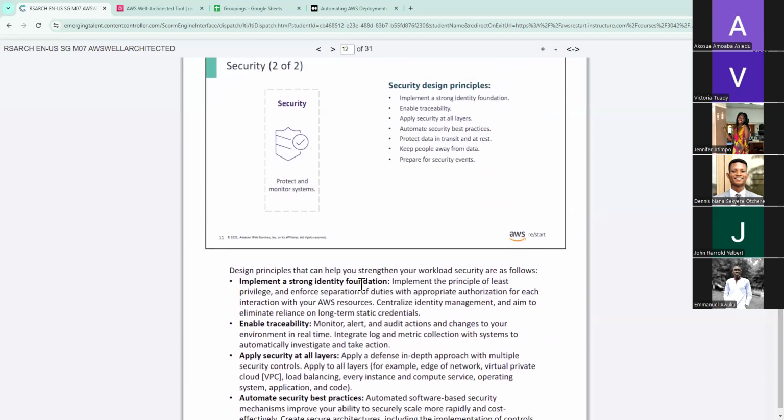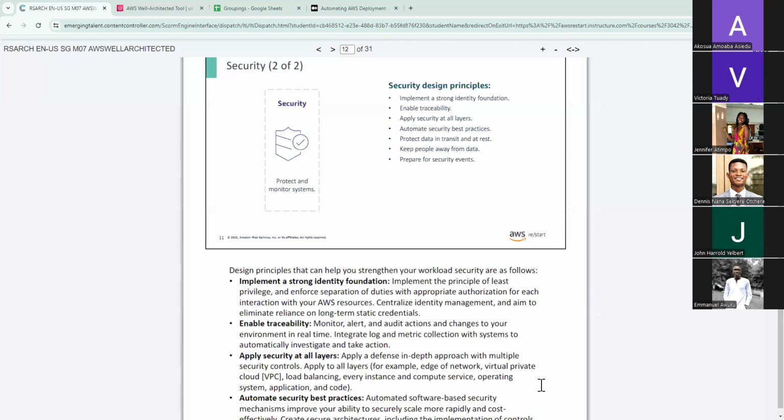So I believe we all agree that for our system there are different layers and different components that make up the system. So the database, we have the servers, we have our applications, our operating systems, and all of that. They all come together to make up the whole system.